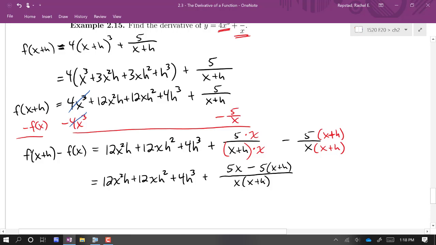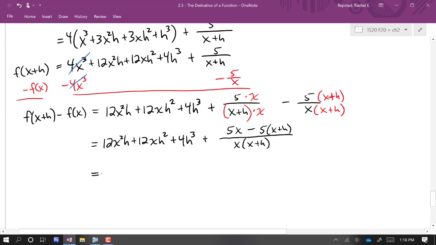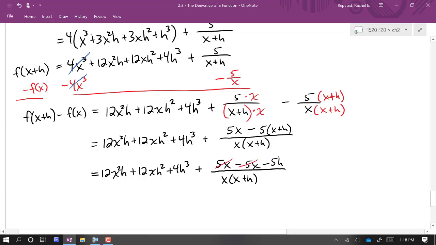We're going to expand the numerator and combine like terms. So distributing that minus 5, we got minus 5x minus 5h. The 5x and the minus 5x cancel, and we have just minus 5h.